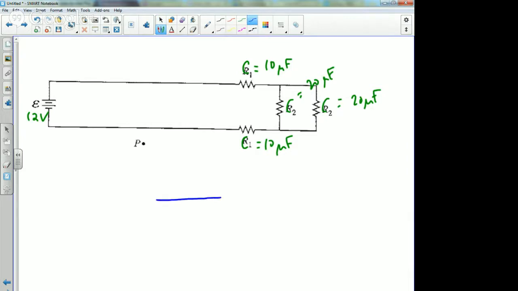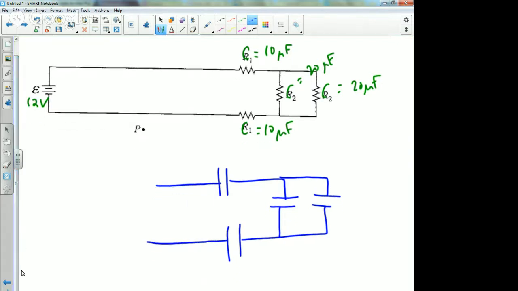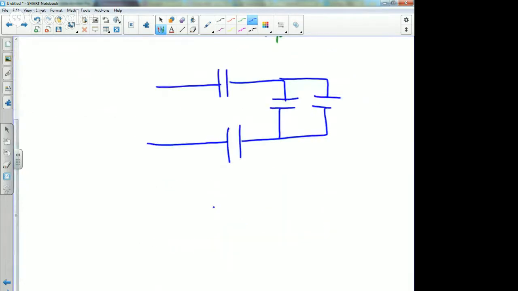So in this case, guys, which capacitors are you guys going to combine together first? Just to make sure we're okay with this. Which capacitors are you guys going to combine together first?